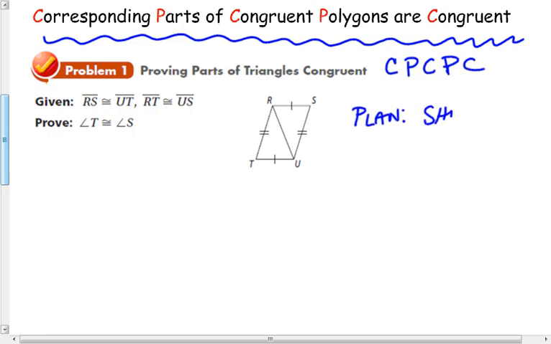We're going to show that the two triangles are congruent by side, and then once we know that the two triangles are congruent, we're going to use what we just talked about up here, the corresponding parts of congruent polygons are congruent, to show that angle T is congruent to angle S. All right, I'm going to set this up and we'll fill in some reasons.